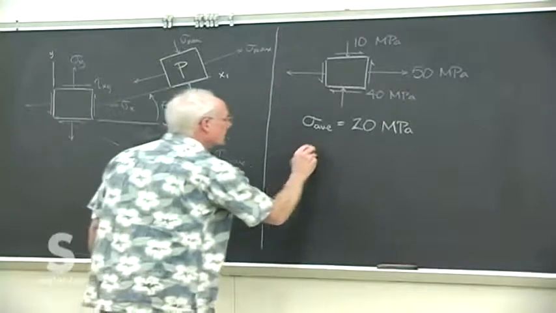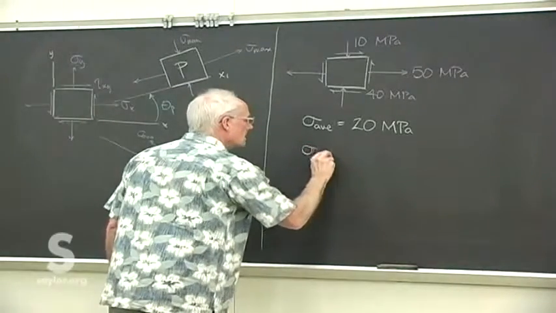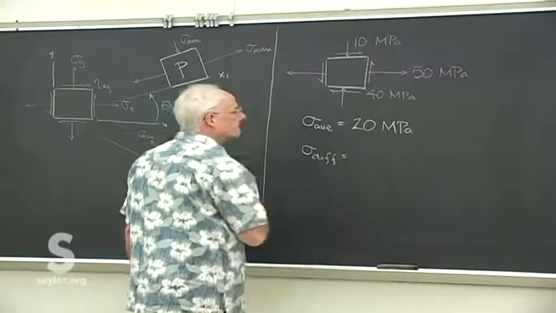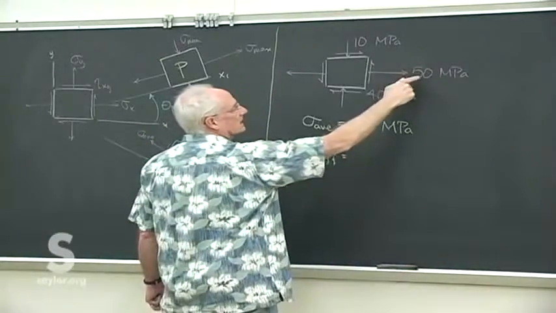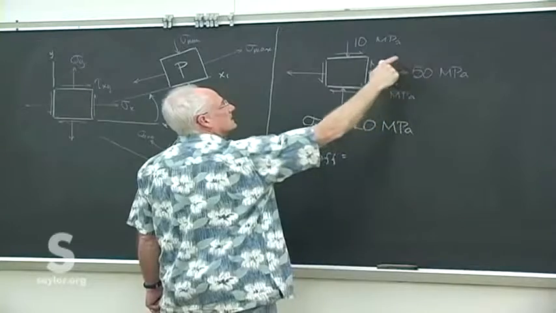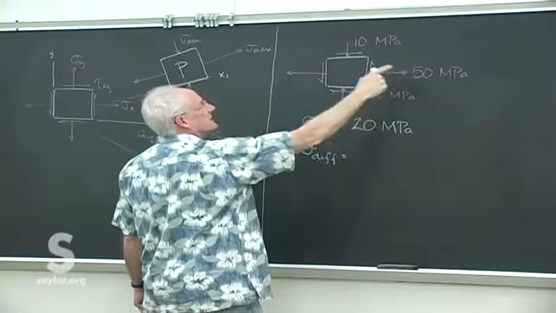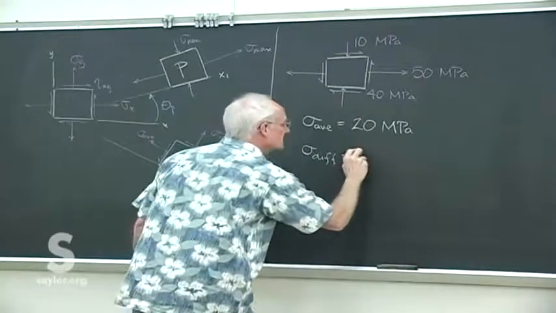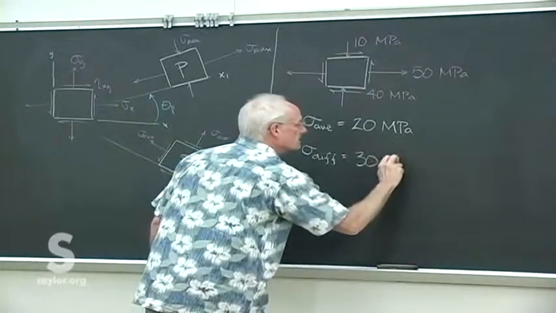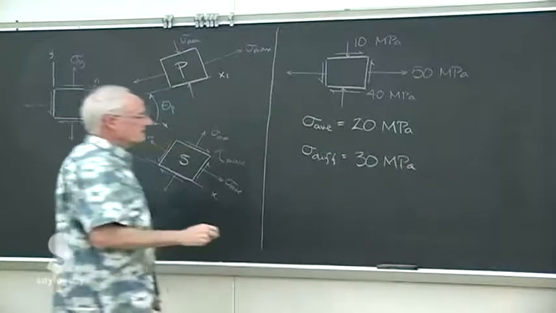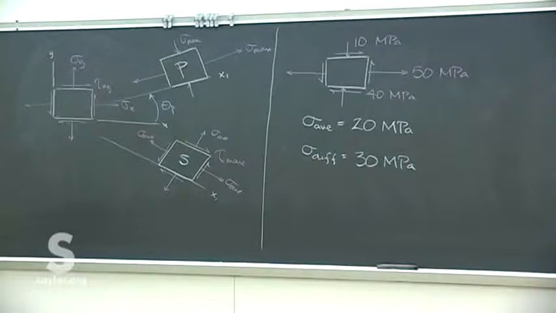We'll need that value sigma diff, which is the x stress minus the y stress. So that's 50 minus a minus 10, which is 60, divided by 2 is 30 megapascals.